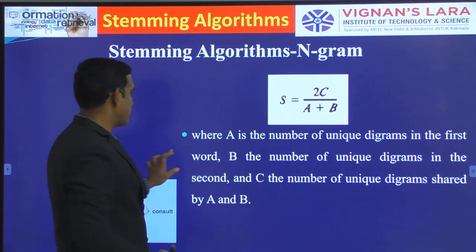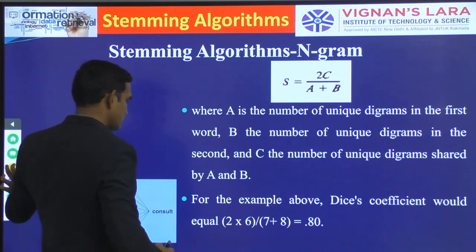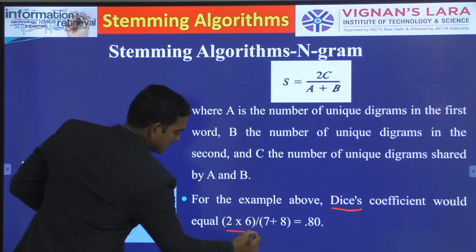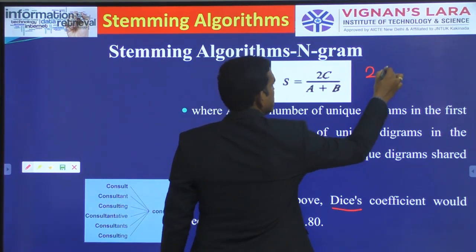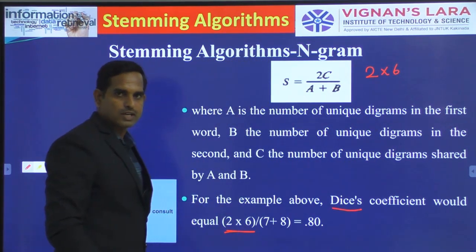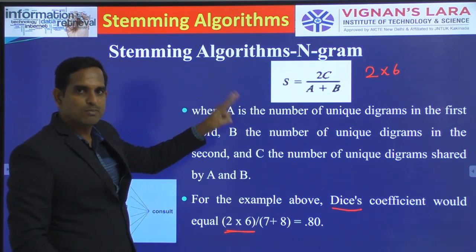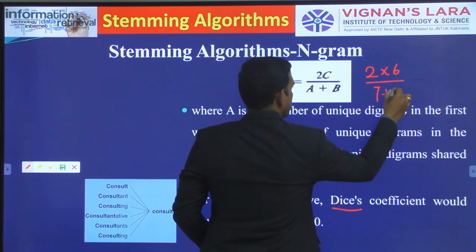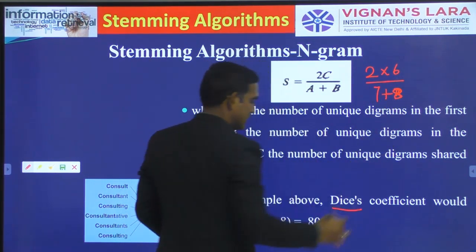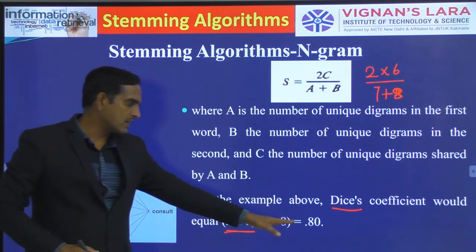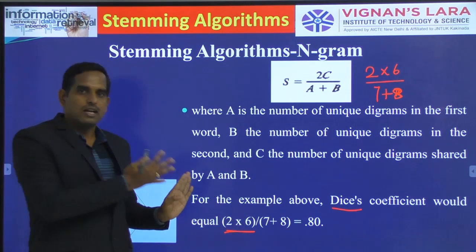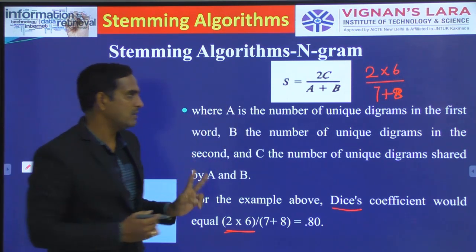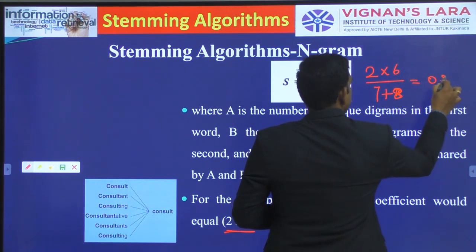So in the above example, the Dice coefficient will be 2 times 6, that is, we have 6 common unique diagrams between both A and B, and we have 7 unique diagrams in A and 8 unique diagrams in B, which gives us 0.80, that is a similarity measure of 80%, or you will get a value of 0.8.